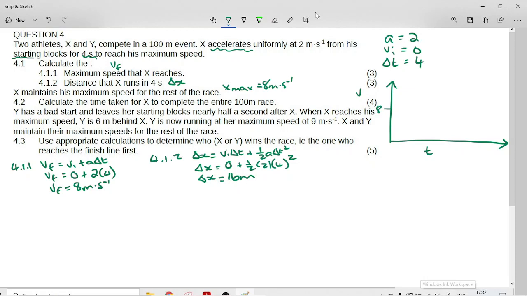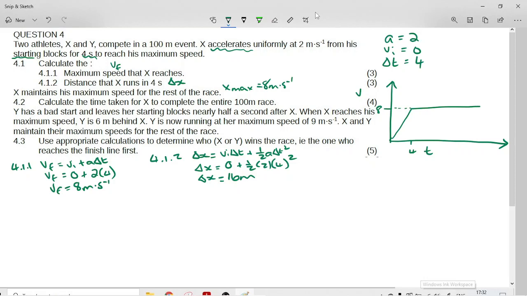It took him 4 seconds to get here. So if this is 4, we will accelerate steeply for 4 seconds, and then we will reach our maximum velocity of 8 meters per second for the rest of the race.